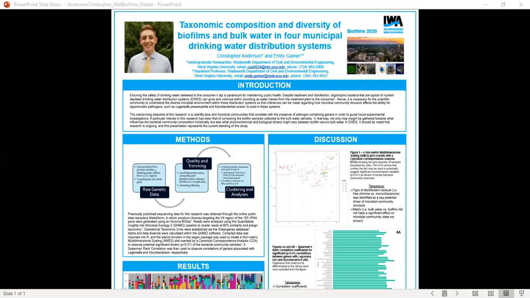And so there are a few primary objectives with this research. First, we wanted to determine the overall bacterial taxa, or what exactly exists within these distribution systems, and then also calculate diversity within the samples to see, from sample to sample, how different the bacterial environment is, or if it's predictable based on certain physicochemical factors.